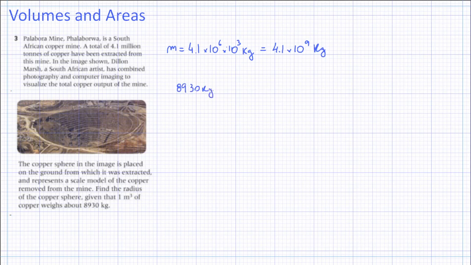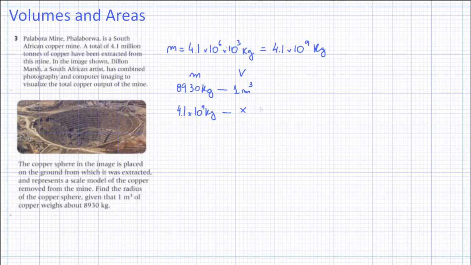Now we're also given that 1 cubic meter of copper weighs about 8,930 kilograms. So there is a ratio here. We know that 8,930 kilograms is equivalent to a volume of 1 cubic meter, right? This is mass and this is volume. So if this is true, how much would be the volume of 4.1 times 10 to the power of 9 kilograms?